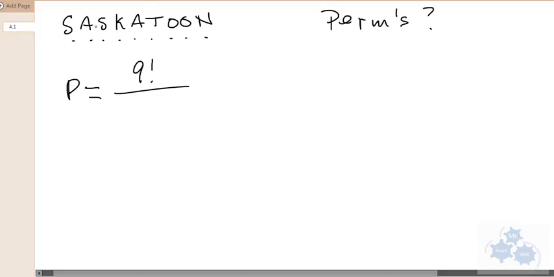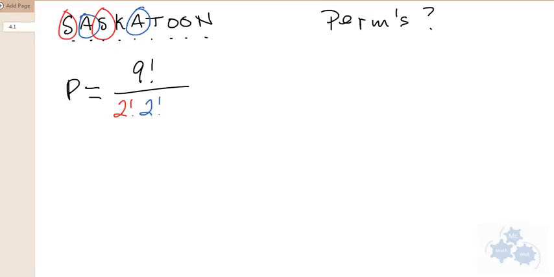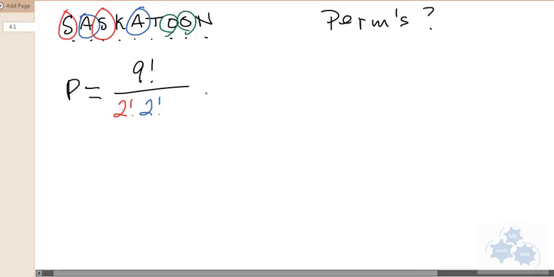Now, what about groupings of identical letters? Well, I see two S's here. So guess what? 2 factorial. Am I done? No. I see two A's here. So another 2 factorial goes down there. Am I done? No. I see two O's staring at me.